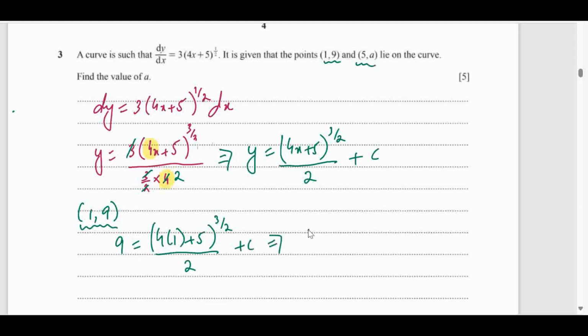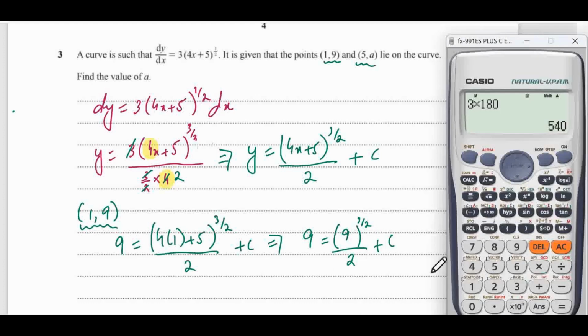So this will be 9 equals 9 power 3 by 2 whole divided by 2 plus c.